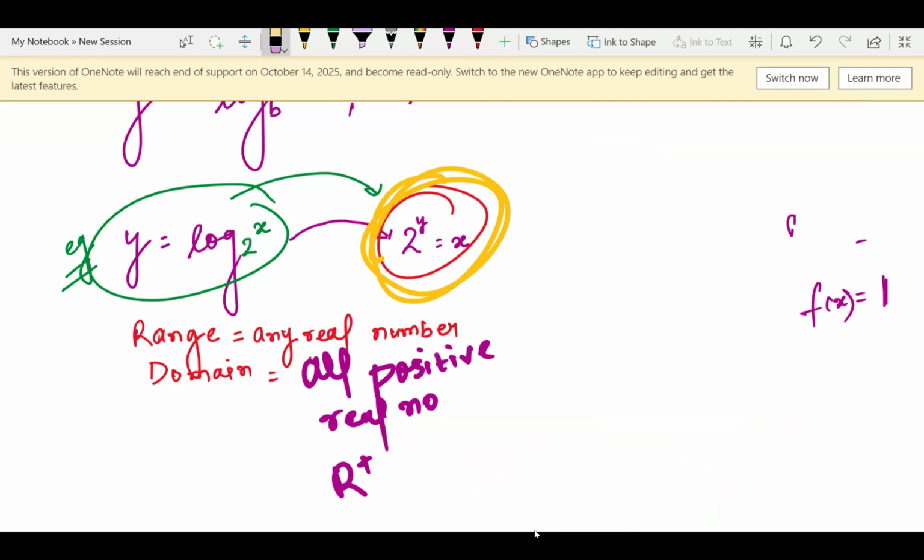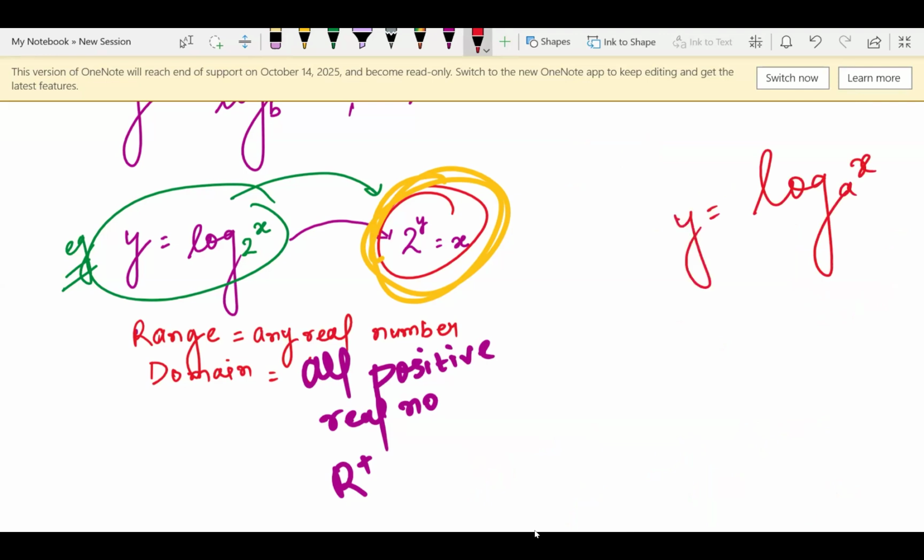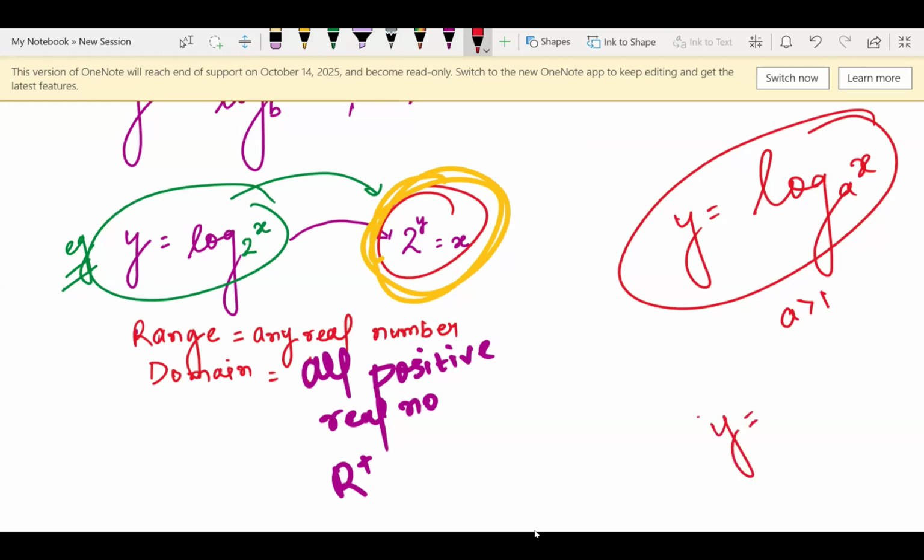It is related to exponents, and due to that, the base needs to be bigger than 1. Any function which looks like this, we will be calling it a logarithmic function. Clear? Yes.